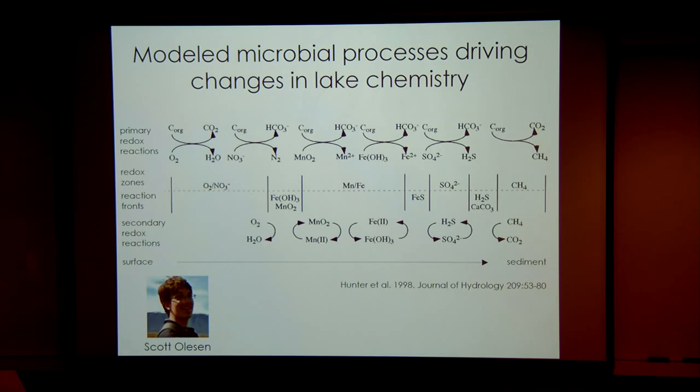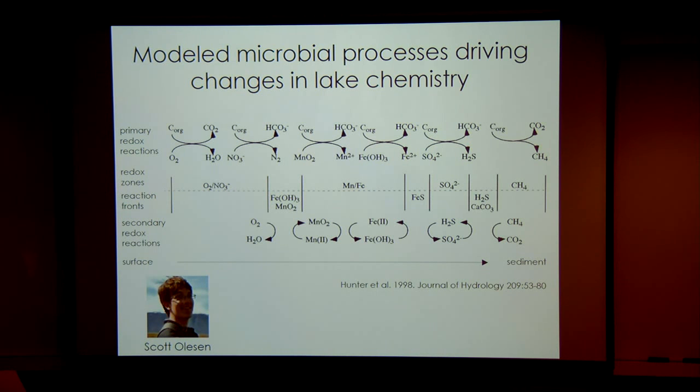And so this basically takes primary redox reactions where you take that organic carbon from those algal blooms that we were talking about, and first you use oxygen, and then the microorganisms transition to nitrate, some of the metals like iron, and then sulfate, and finally methanogenesis. So those are the primary redox reactions that can occur.